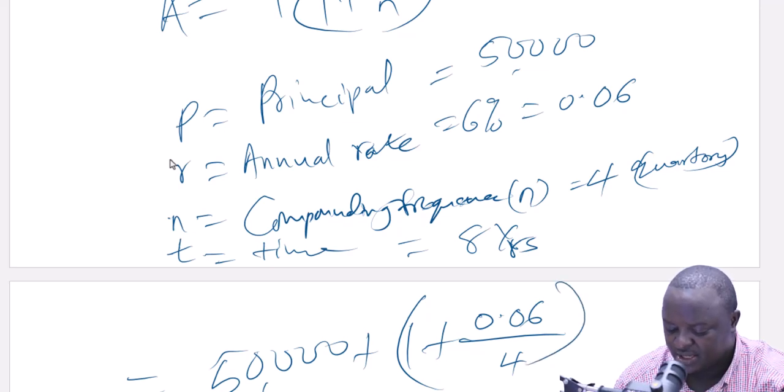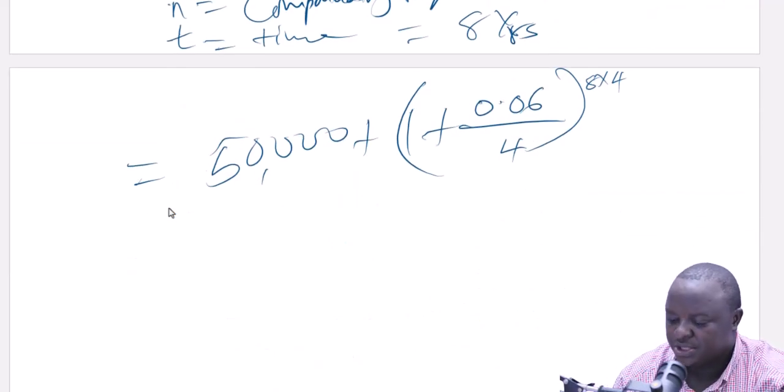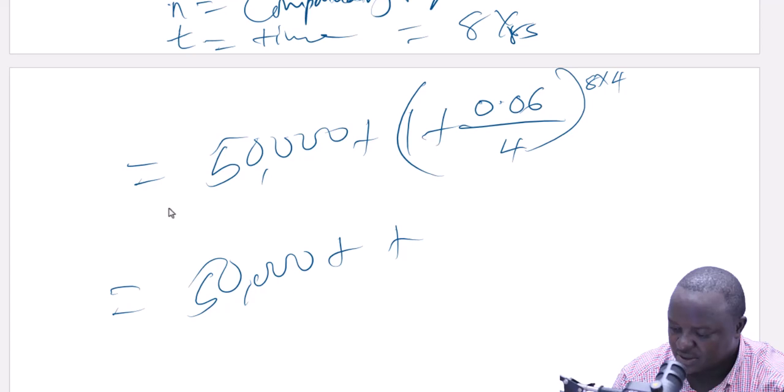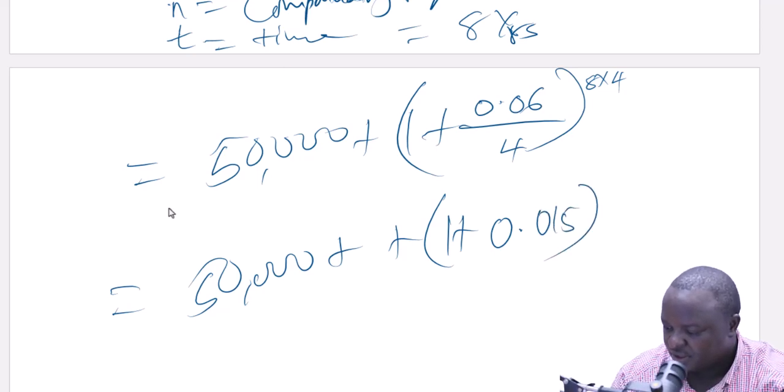And the exponent is 8 times 4, so that is 32. If you take 0.06 divided by 4, you will get 0.015. So it is 1 plus 0.015, raised to power 32.